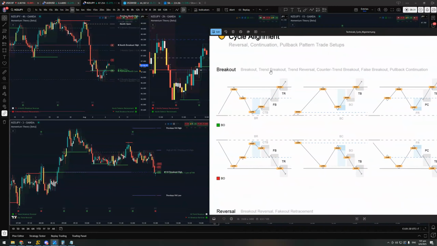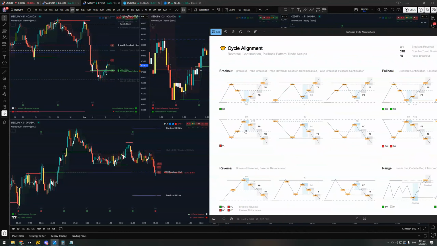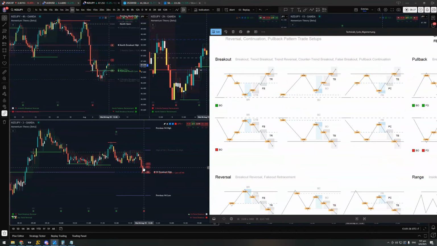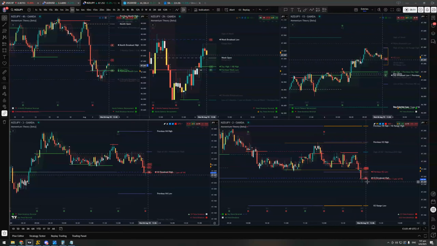So trend breakouts I trade as breakout cycles, looking for one of these patterns to continue to move up. And the breakout level of the momentum time frame is below a low. So looking at this reversal pattern, preferred entry is that false breakout move. Okay, so that's what I'm waiting for.